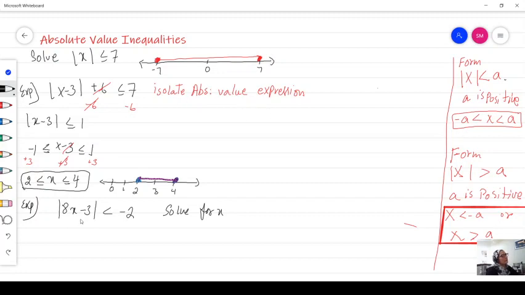It's already been isolated. But this number is negative 2, and that's not okay because our form says it's supposed to be positive for both of them. So it means there is no solution. And exactly, that goes for absolute value equations too. When you have a negative up here, then there is no solution for that.